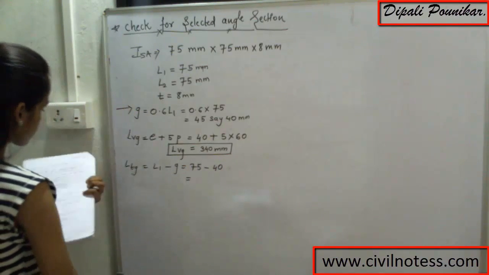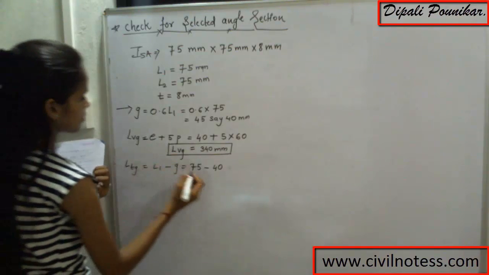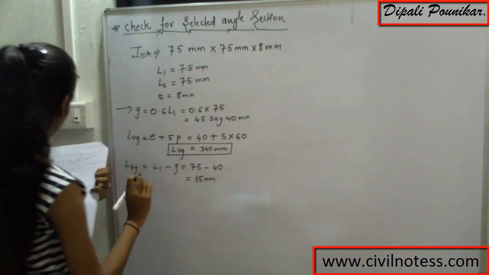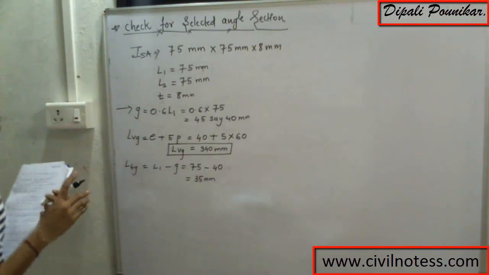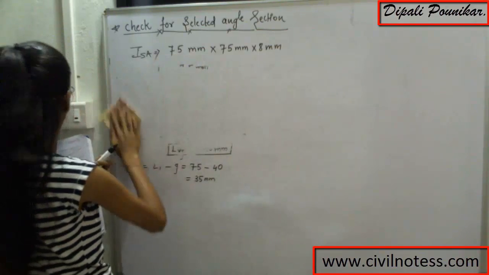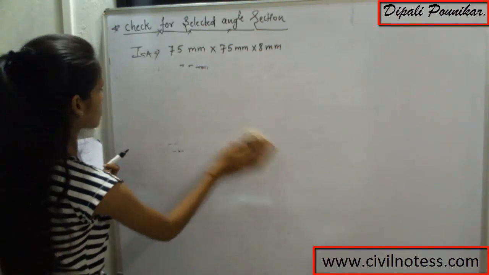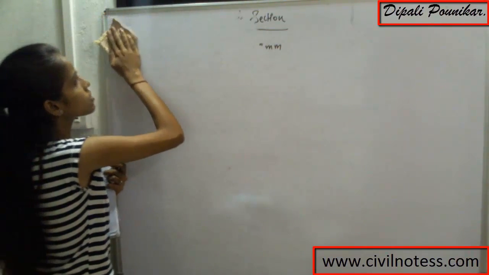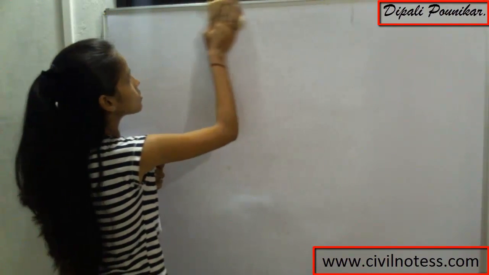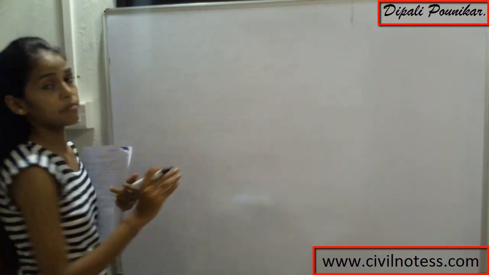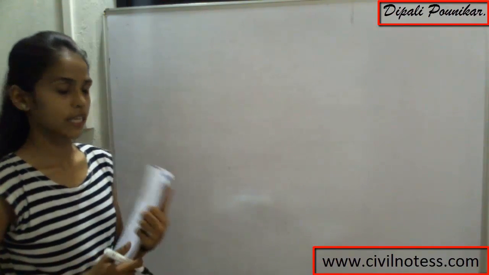After calculating, we get LTG as 35 mm. The next step is the calculation of gross sectional area.